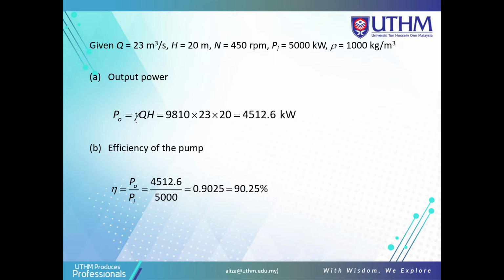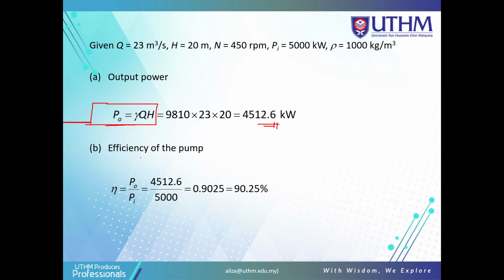So you get 9810 times 23 times 20, and that gives the output power. This formula is given in your list of formulas in your final.